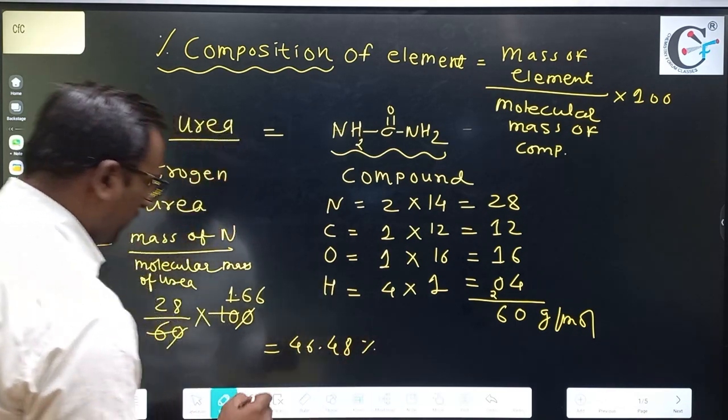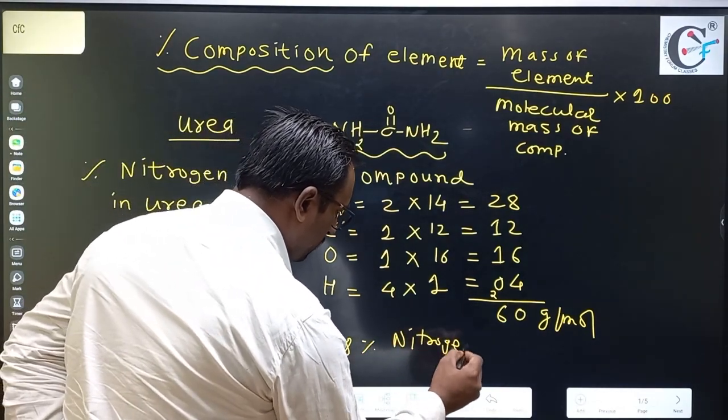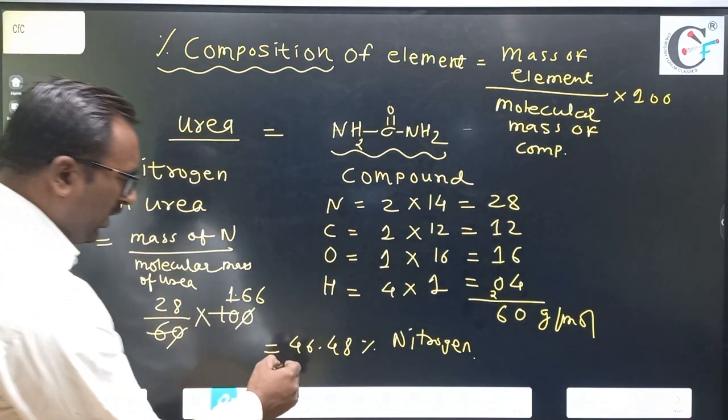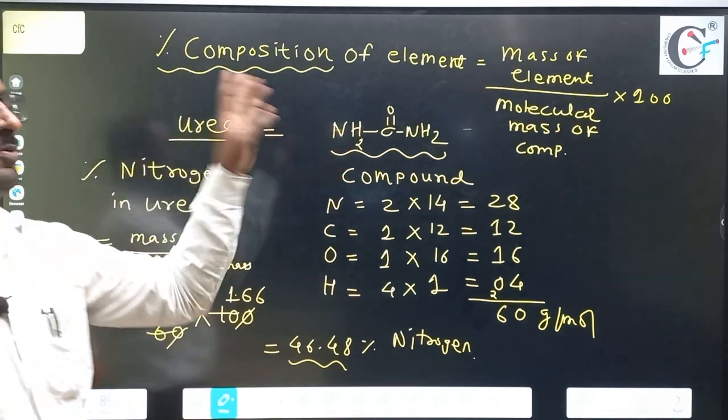That is the percentage of nitrogen. It means that 46.48% of nitrogen is present in urea.